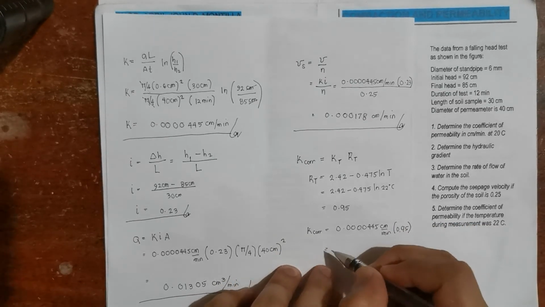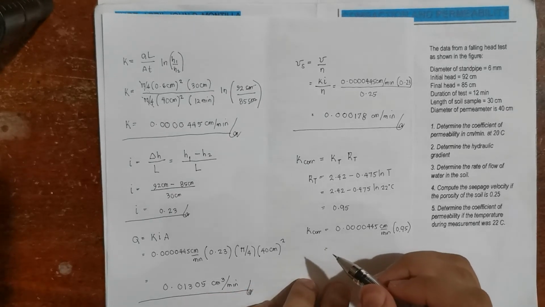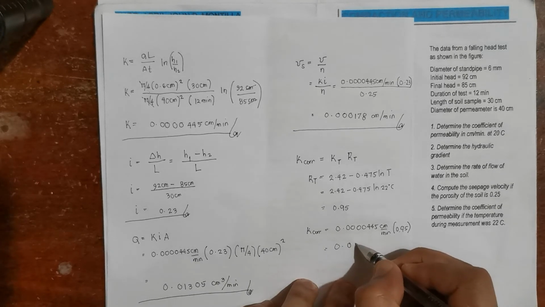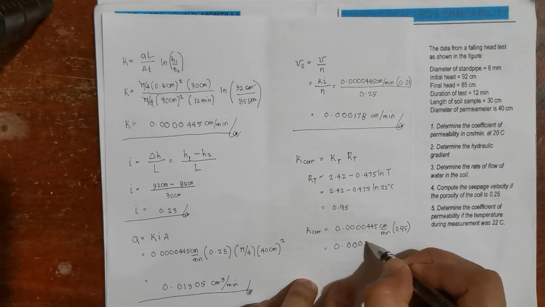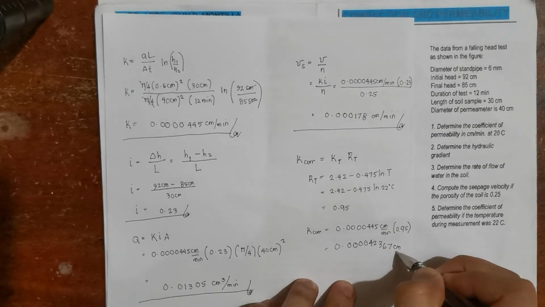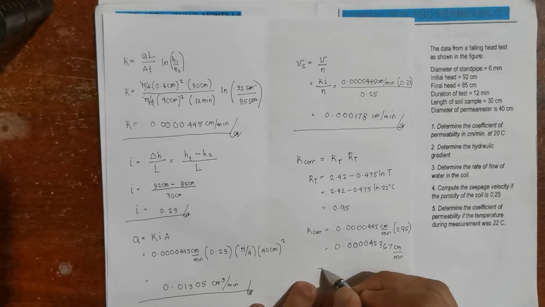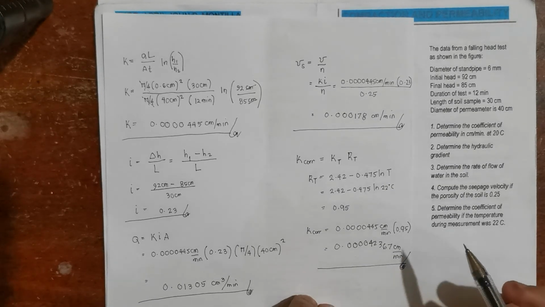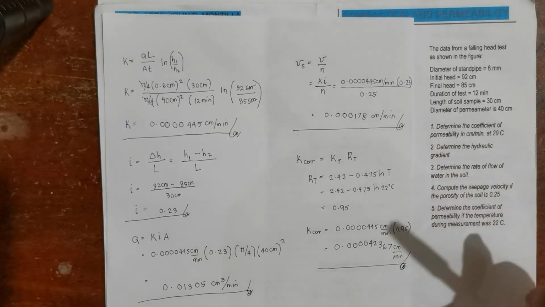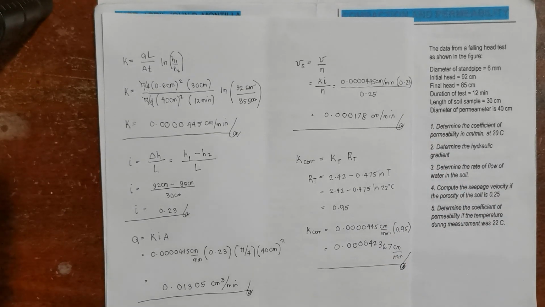And we will get a corrected hydraulic conductivity of 0.0004237 centimeter per minute. And that will be the requirements for the falling head test for getting the value of permeability of a soil sample.